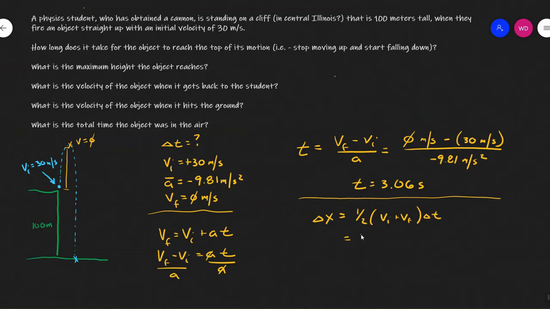So 1/2 times 30 meters per second plus 0, times 3.06 seconds. When I put that into my calculator, I get 30 times 3.06 times 0.5.